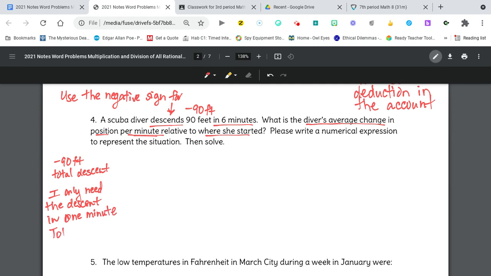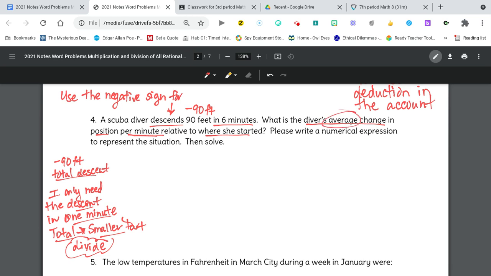So if you're going from the total to a smaller part, I need you to divide, guys. If you're going from the total to a smaller part, we're going from the total descent to just the descent in 1 minute. That's a total to a smaller part. Then make sure you divide.